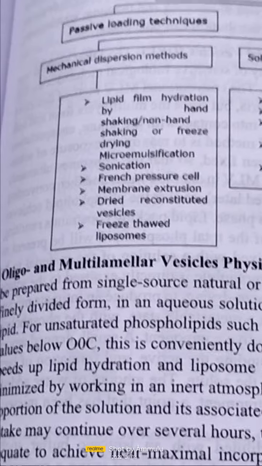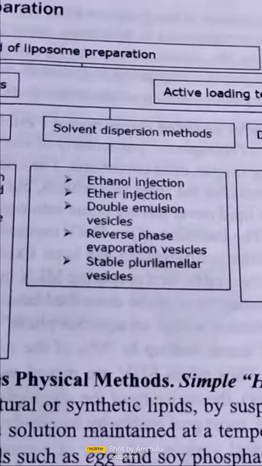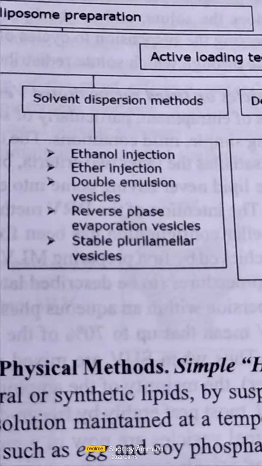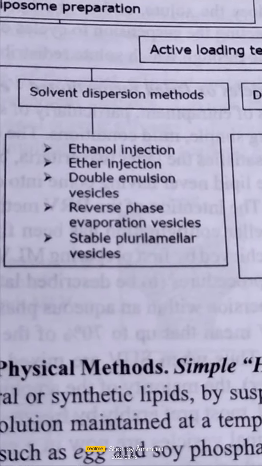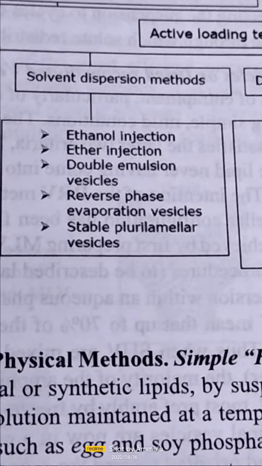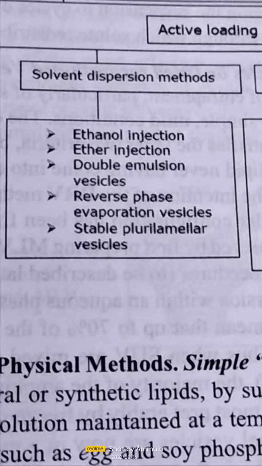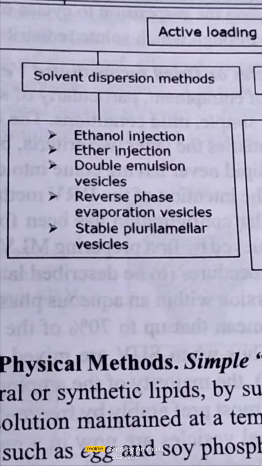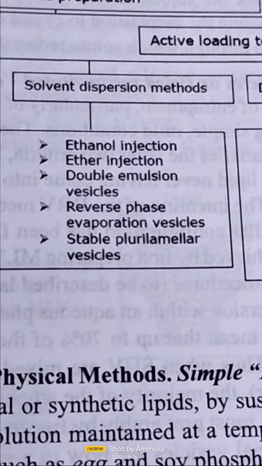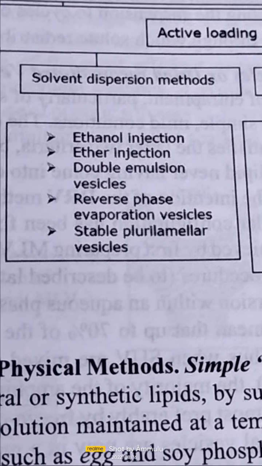mechanical dispersion method. And when we move to the solvent dispersion method, here are the ethanol injection and ether injection, double emulsion vesicles method, reverse phase evaporation vesicles method, and the last one is stable plurilamellar vesicle method.